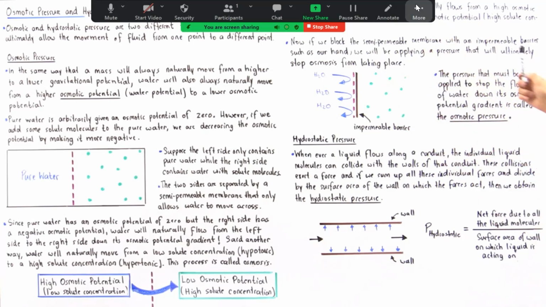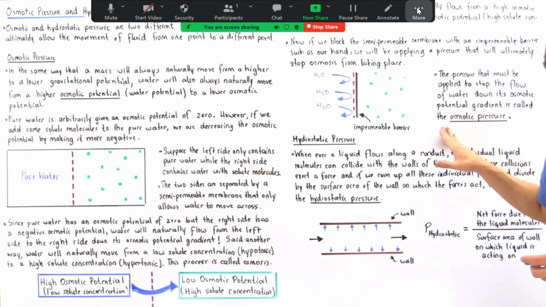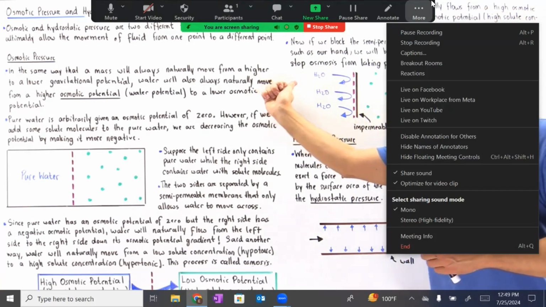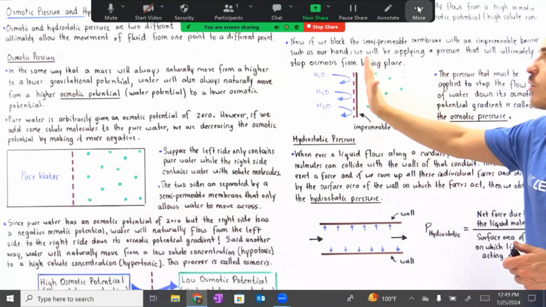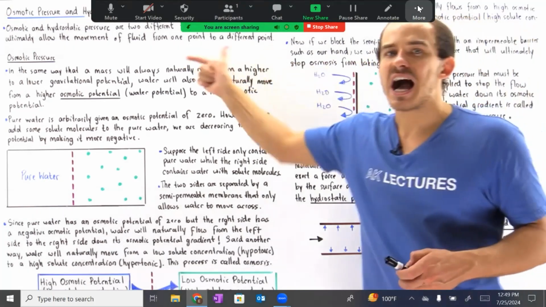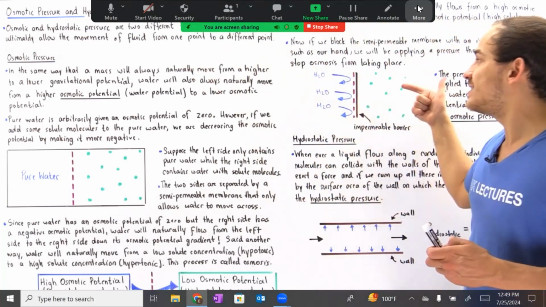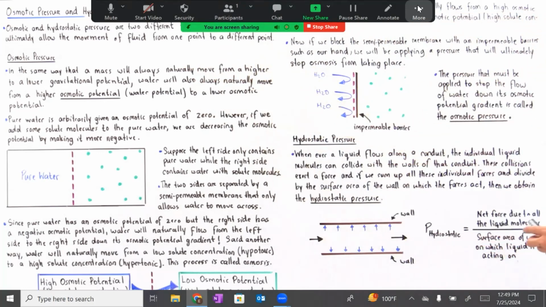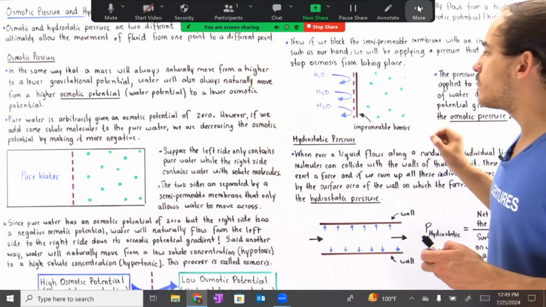So the pressure that must be applied to stop the natural flow of water down its osmotic potential gradient is called osmotic pressure. So notice that the water tries to move this way, but our osmotic pressure points in the opposite direction, because it ultimately stops the water from actually moving across this membrane.